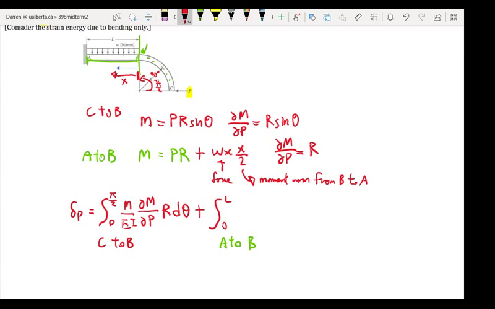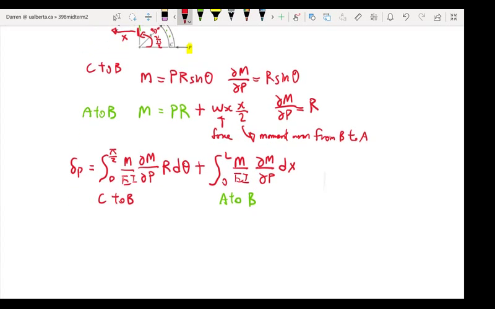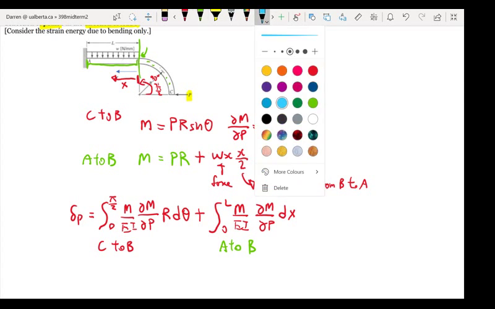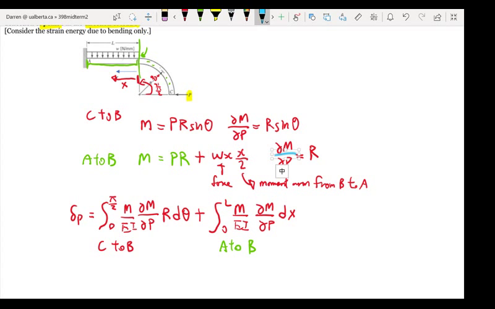And then moment over EI times this, same as the section from C to B. And then since we already have the equation for moment and the derivative of moment, for segment C to B we just have to substitute this in here, and substitute here.